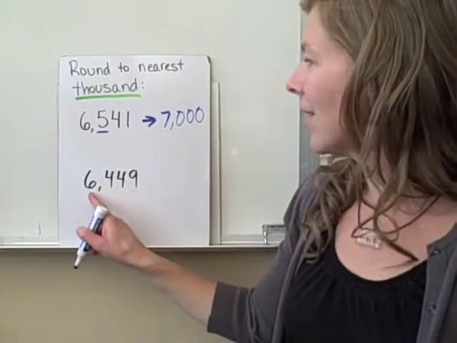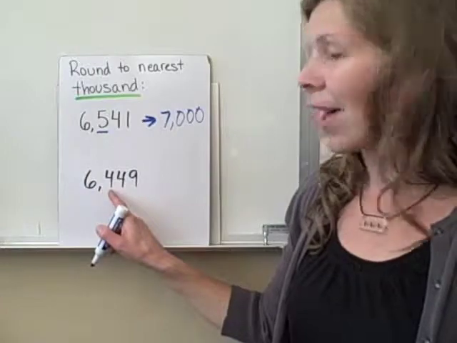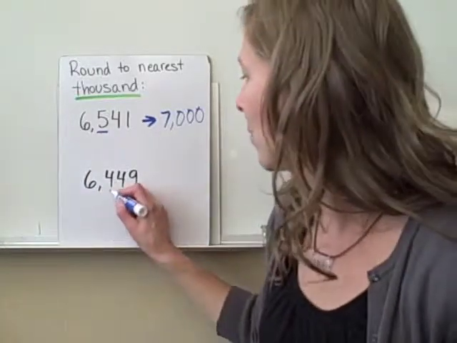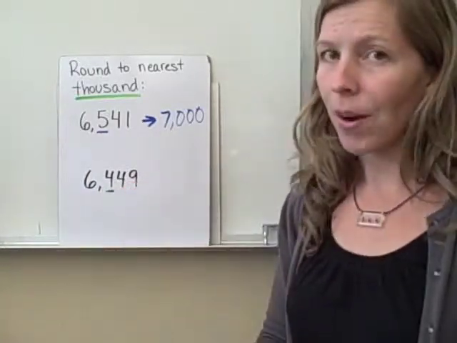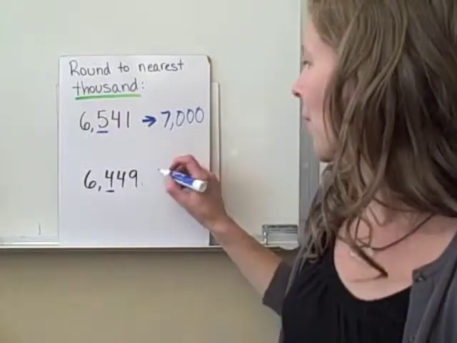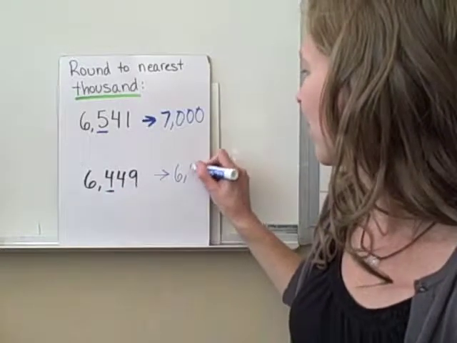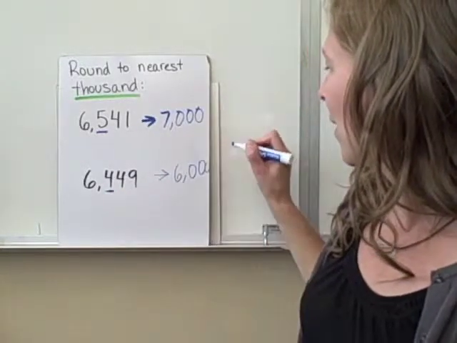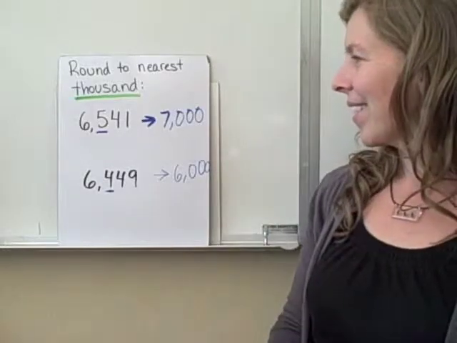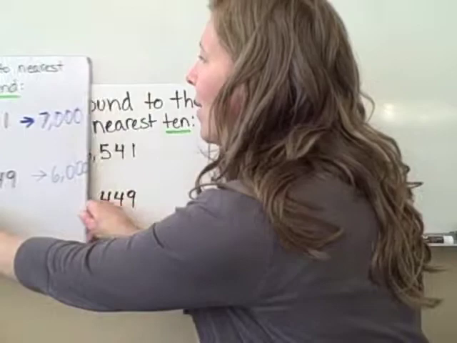If we're rounding to the nearest 1,000, we have to look to the digit on the right of that place value, which is the hundreds place. Now we see a 4. So to round to the nearest 1,000, we're going to round down because that's a 4, 6,000. Ooh, I don't have space for my last one. There we go. Okay, a little bit more abstract, but I think I haven't lost anyone.